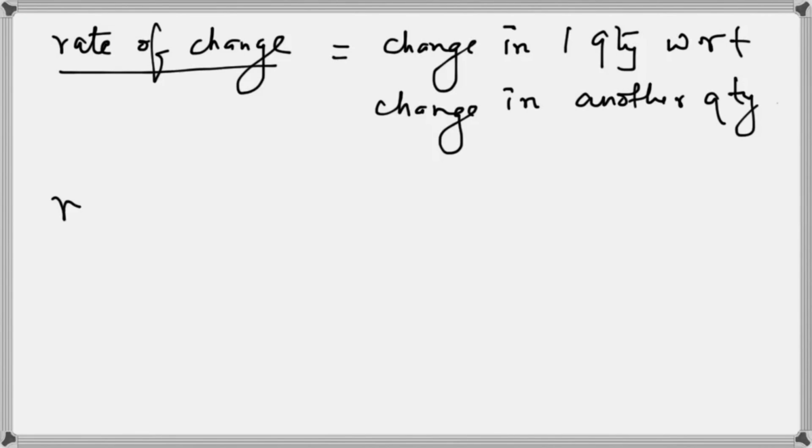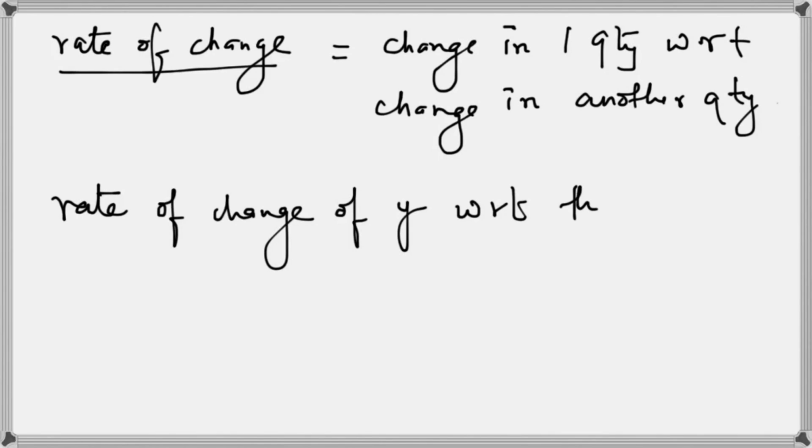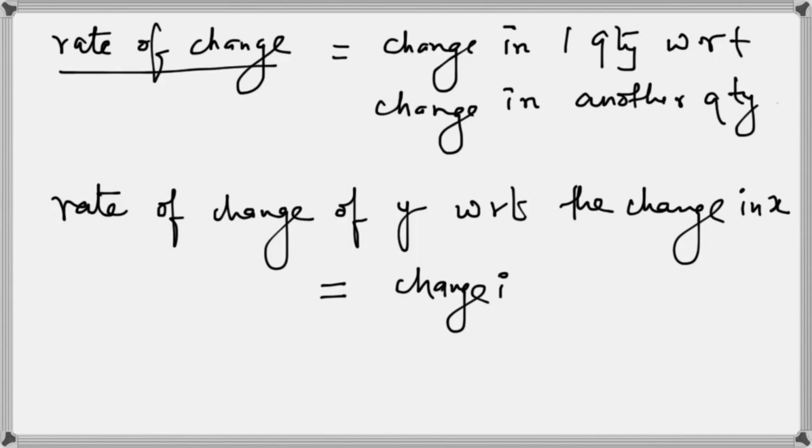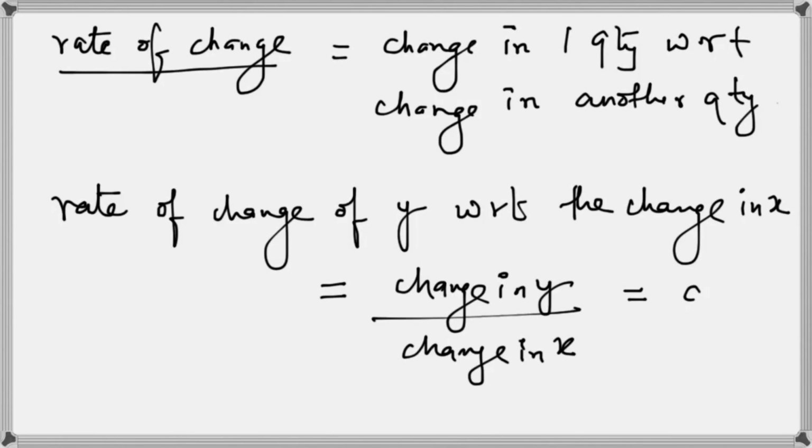What this means is, if I want to calculate the rate of change of y with respect to the change in x, then we can write it as change in y upon change in x. And we just learned that change is written as d, therefore we can write this as d of y upon d of x. And remember that we will not cancel out the d's because they are operators, not letters.